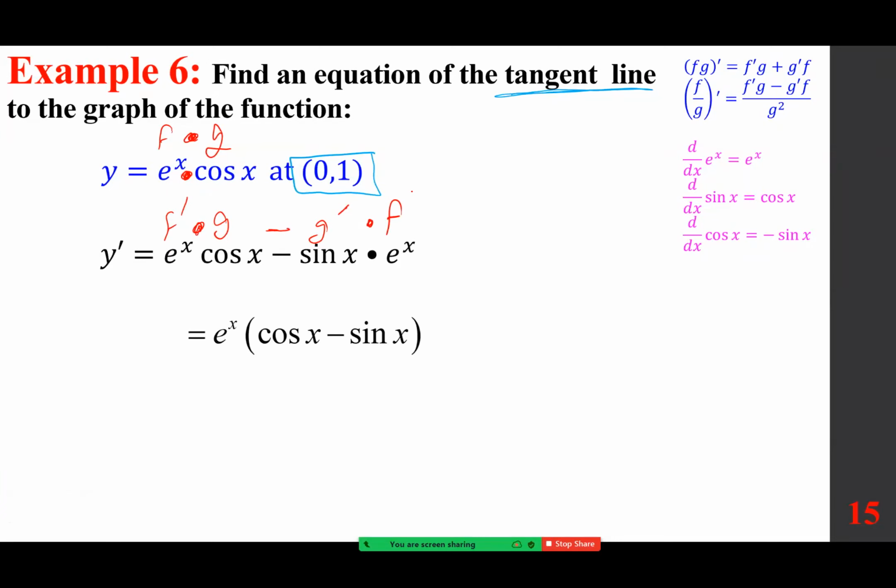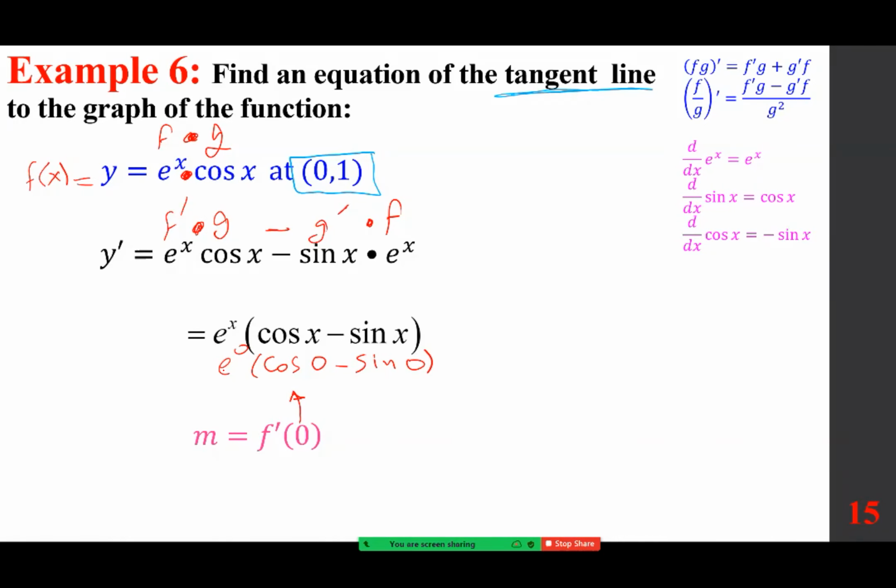So we have a pair, we want the slope, and the slope is y prime evaluated at the x coordinate, y or f of x, by the way, right? So you want y of 0 or f of 0, either way. So if we plug in 0 here, we get e to the power of 0 times cosine 0 minus sine 0.